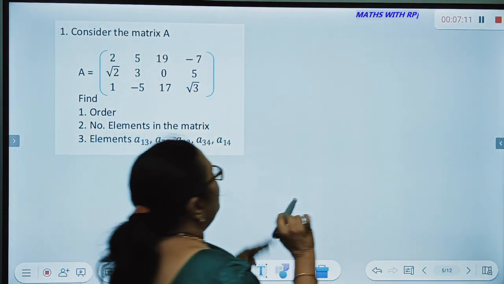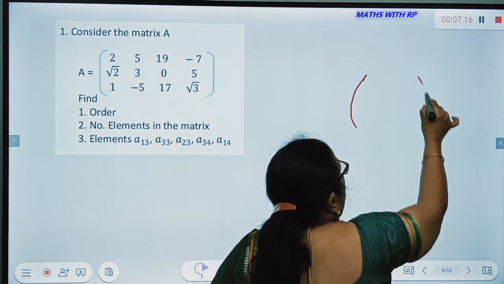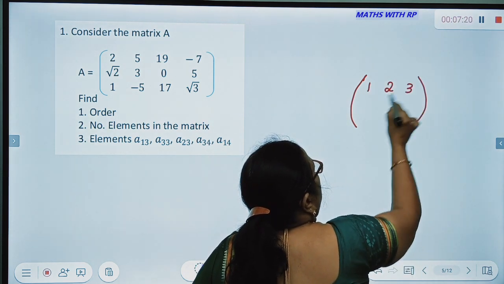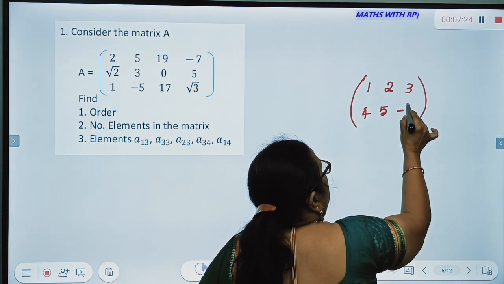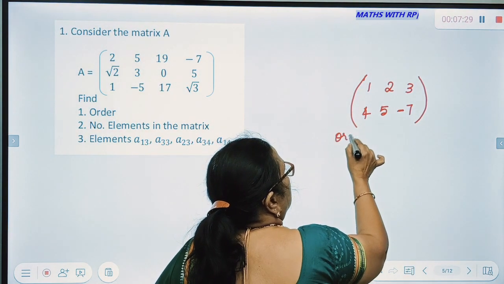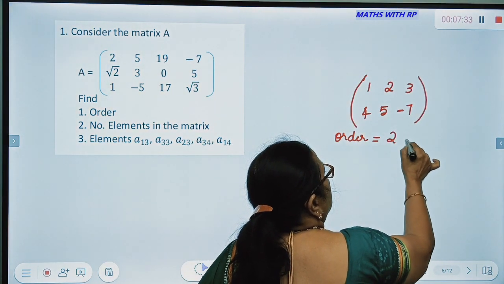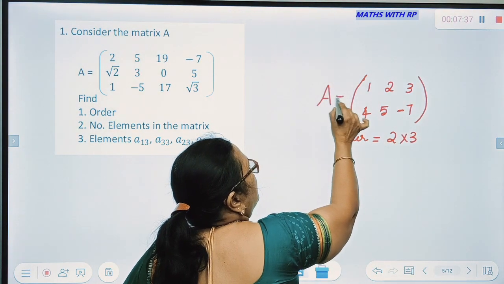Before we do the problem, just look at this matrix. What is its order? It has got 2 rows and 3 columns, so 2 by 3. We use capital letters to represent a matrix.